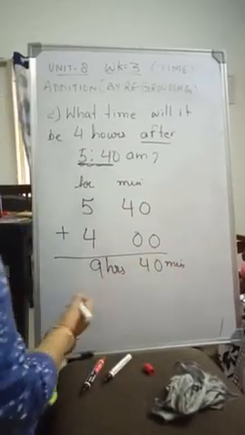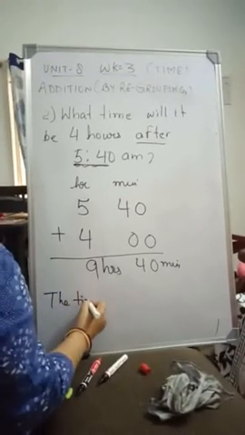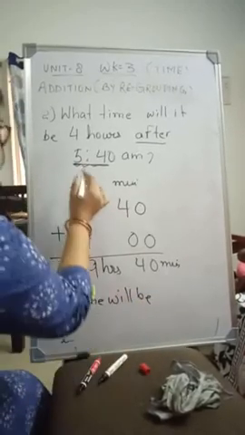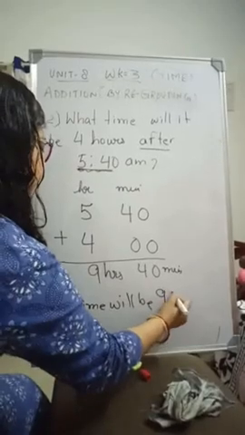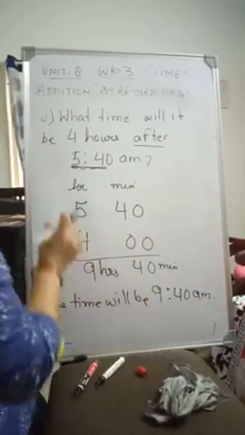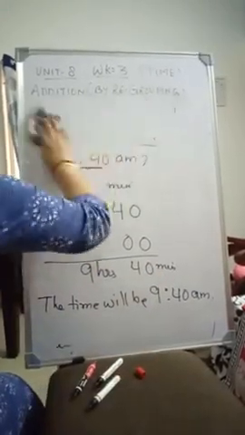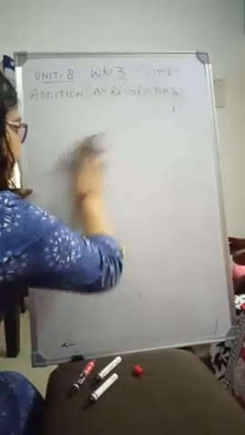So what is the time? The time will be 4 hours after 5:40 a.m. It will be 9:40 a.m. So this is the second type of question. Now we will discuss worksheet number 3, question number 1.